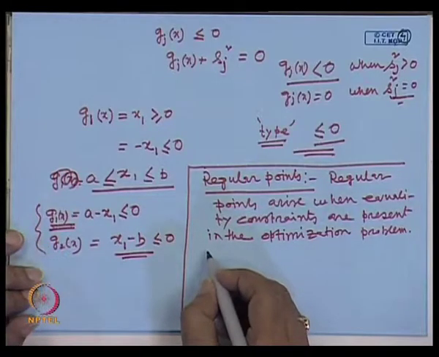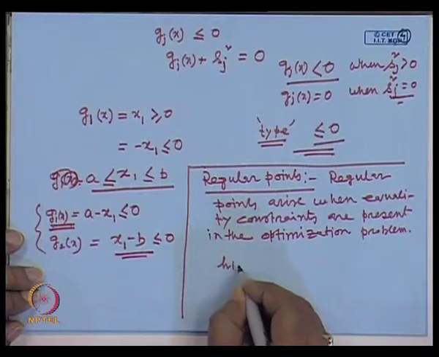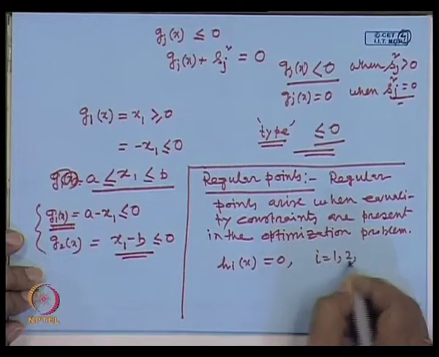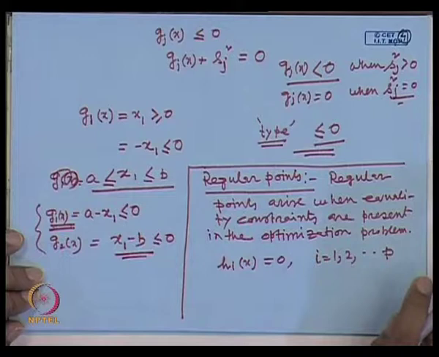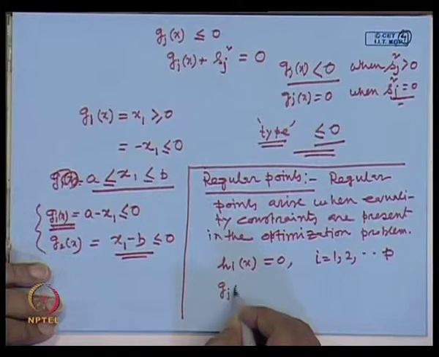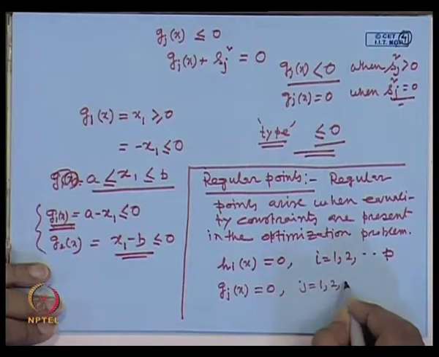Equality constraints will come from the problem statement, where some equality constraints are given, and some of the equality constraints will come from inequality constraints. So, we can say the features are: how many equality constraints we will get from the optimization problem. That means we will get h i of x equal to 0, for i equal to 1, 2, dot dot p. There are p equality constraints, and there is a possibility that you have g j of x equal to 0 for j equal to 1, 2, dot dot small l.